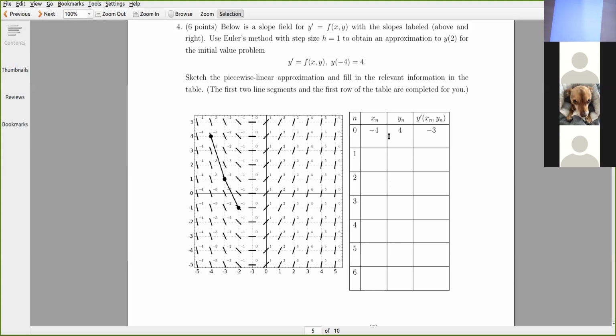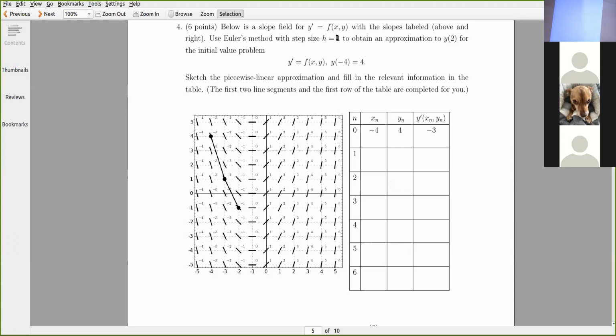So our step 0, we're at minus 4, 4, so they start up here. Then we have a slope of minus 3. Luckily here, we are using Euler's method with a step size of h equals 1. It's going to be similar to how it is on the exam. h equals 1 is a nice step size just to keep the numbers simple so we don't have any long decimals like we saw on the quiz problem.